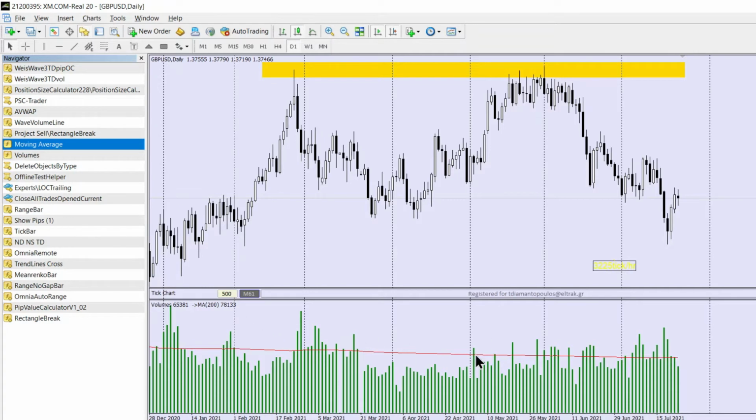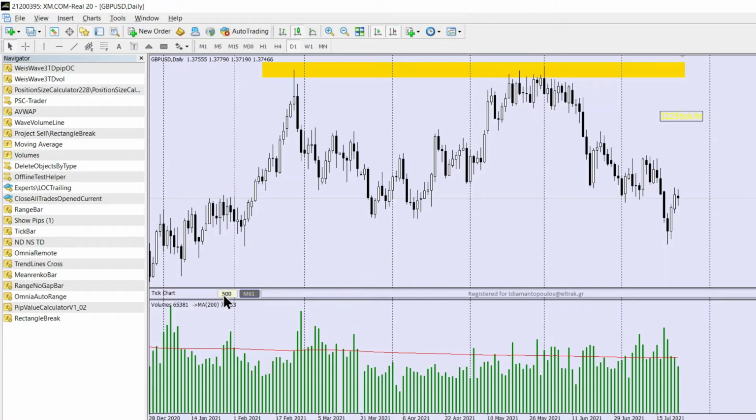So the average ticks per day at the moment here is 78,133. So if I divide this by 24 to make it an hourly, I have written it here, it's 3,255 ticks per hour. So if I wanted to create an hourly chart, looking like an hourly chart, I have to create a tick chart at 3,225 ticks.